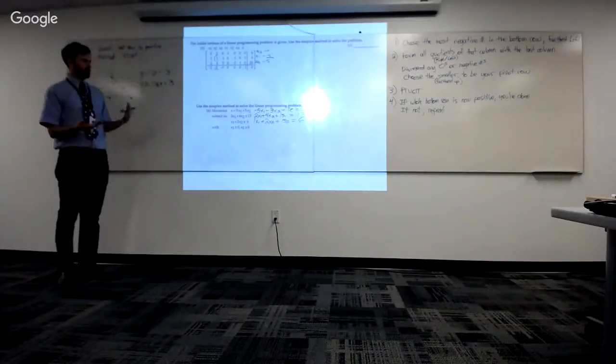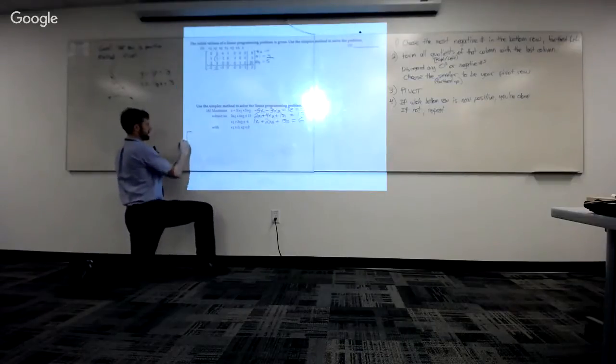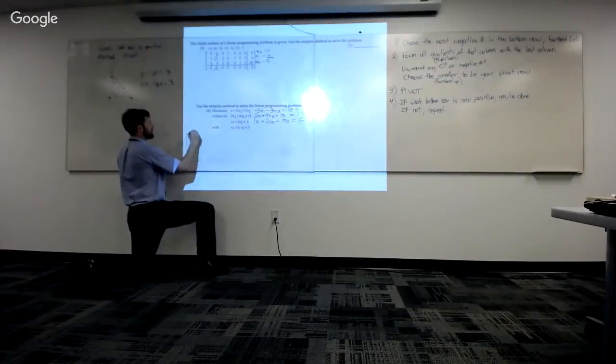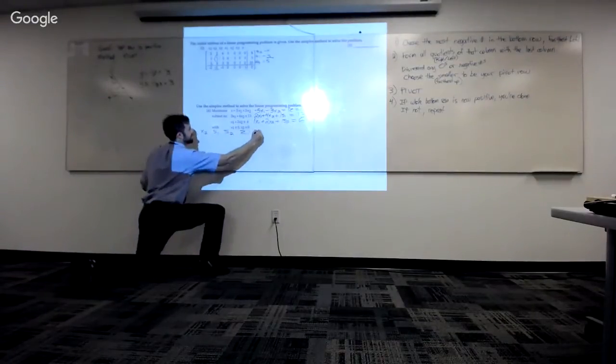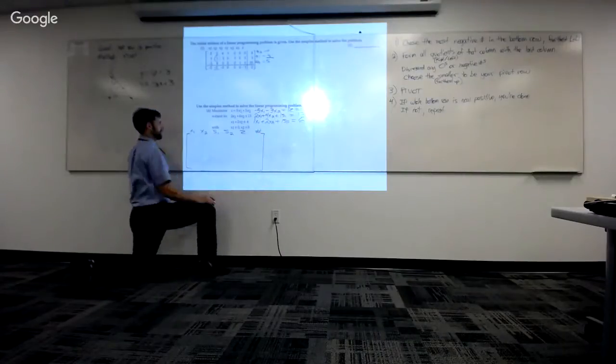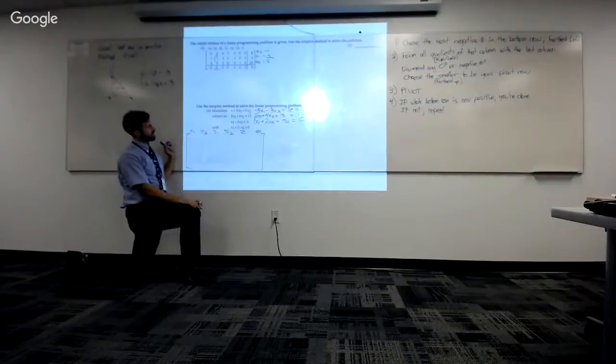But what I really want to do is turn that into a matrix. So what will my matrix contain? It'll have x1, x2, slack 1, slack 2, z, and a number. Right? That's what we just found out by turning those inequalities into equations. Now keep in mind you put your constraints on top and your z on bottom.